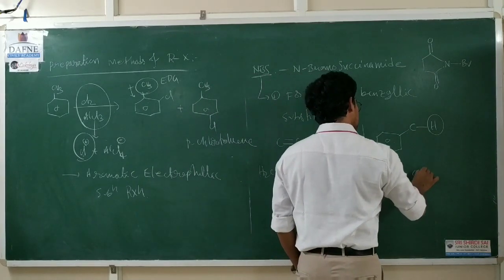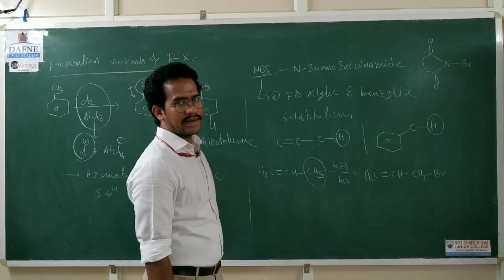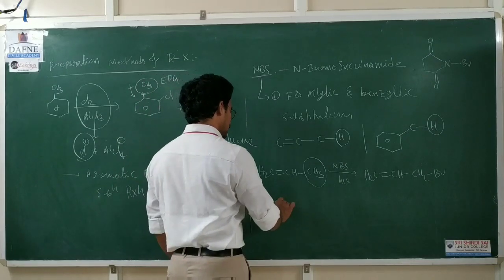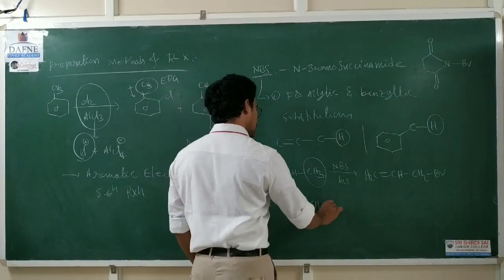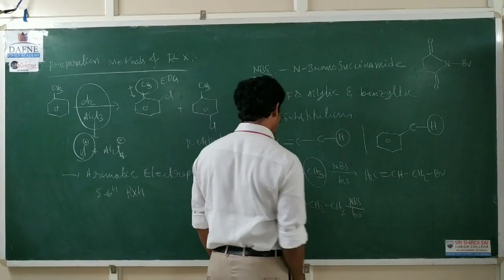Using NBS, CH2Br, that is the allylic bromide. All allylic hydrogens are replaced. First suppose CH2 double bond CH, CH2, CH3 with NBS.